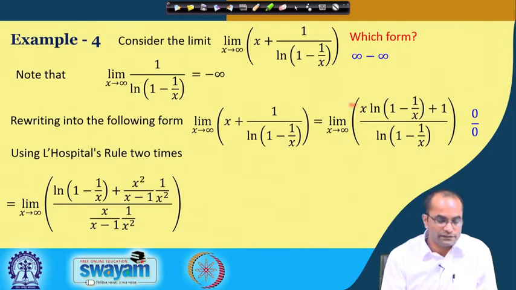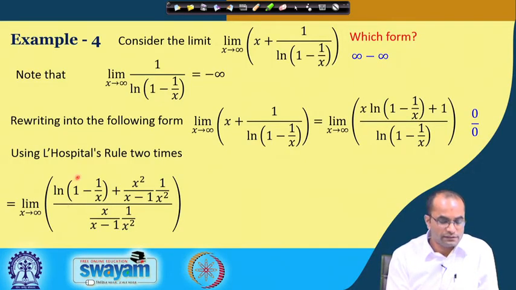So, the derivative of x is 1 and then we have exactly this term ln 1 minus 1 over x, then plus x will remain times the derivative of this which we have just evaluated before, that was x over x minus 1 and 1 over x square, and this x makes this x square, and again here it is x over x minus 1 and 1 over x square.